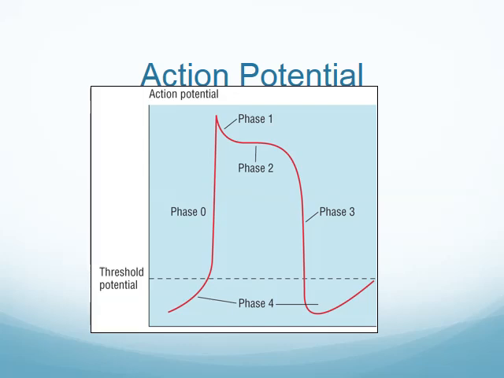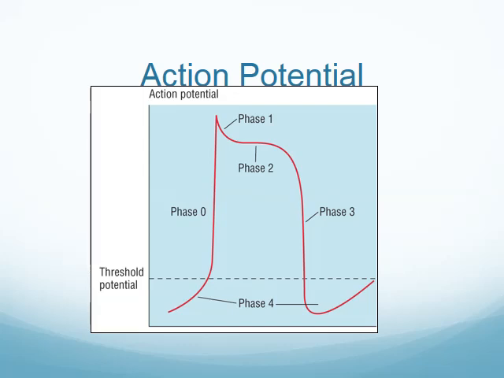At phase 2, we're still releasing some of our potassium, but we have an active efflux of potassium. So we're kicking out our potassium, and we're trying to return to homeostasis.